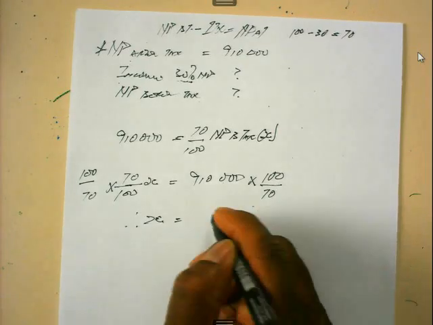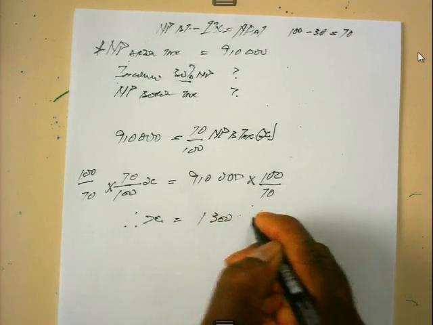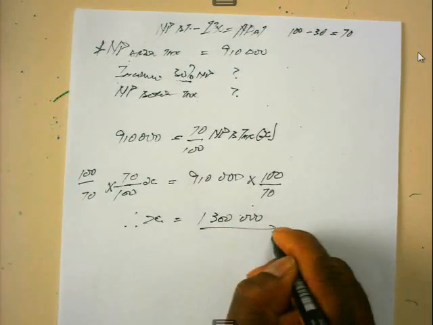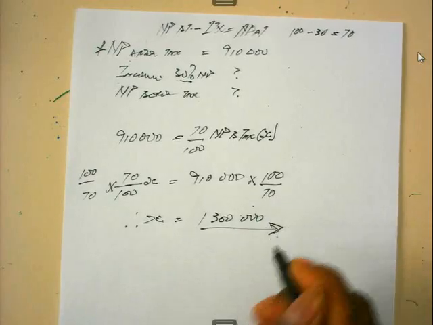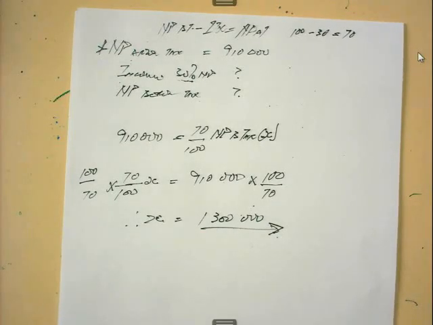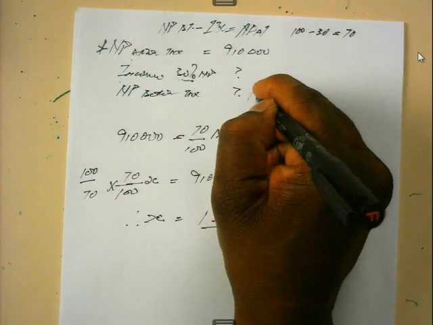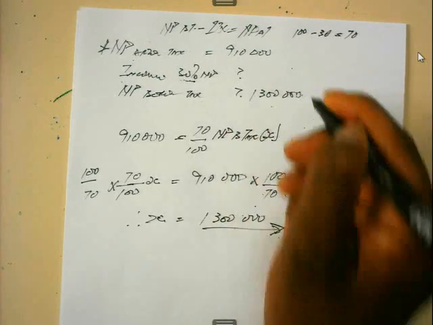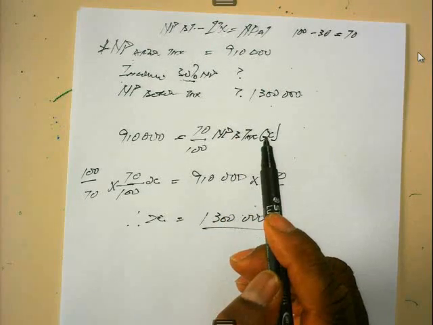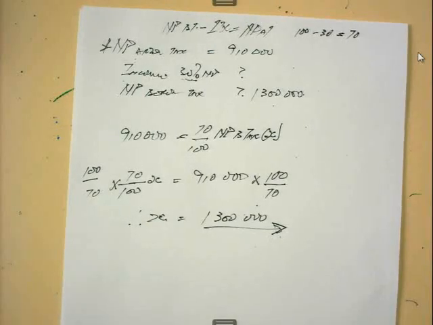That gives us 1,300,000 as your net profit before tax, and therefore your tax will be the difference between the two, which in this case is 390.